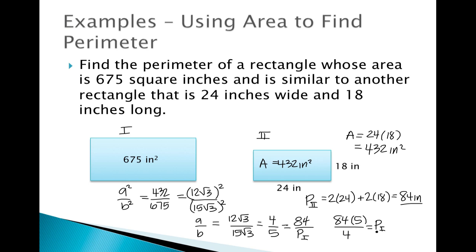When you plug that into your calculator, you find out that the perimeter of figure 1 is going to be 105 inches. So that's how you use area, and how area is related in similar figures, to find the perimeter of similar figures. Now we're going to move on to the next example.